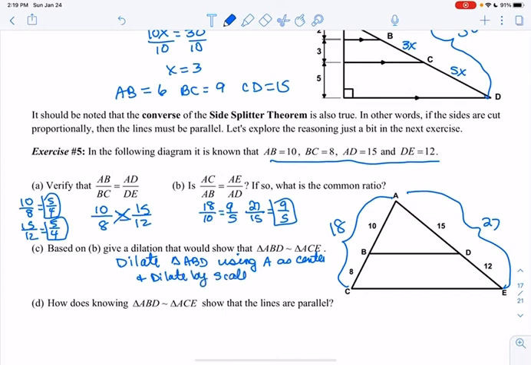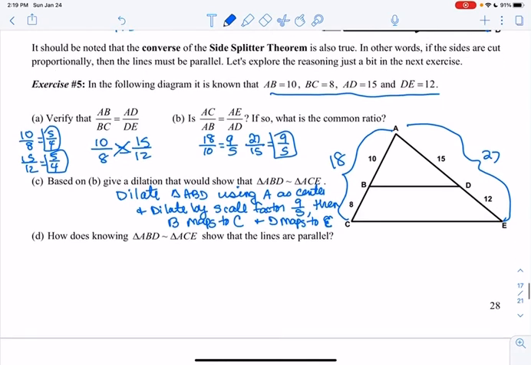Remember, my scale factor is always image over pre-image. A scale factor of 9/5, then B maps to C, and D maps to E. Oops, that's an E at the end.